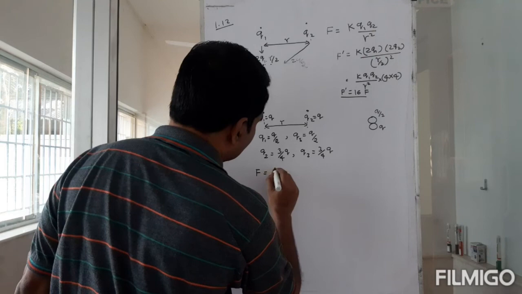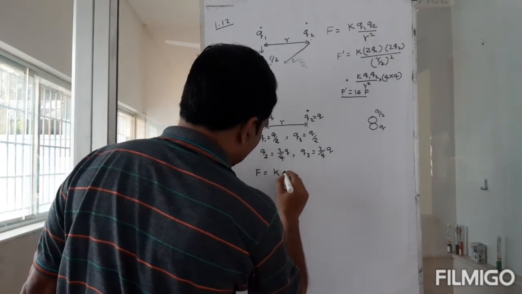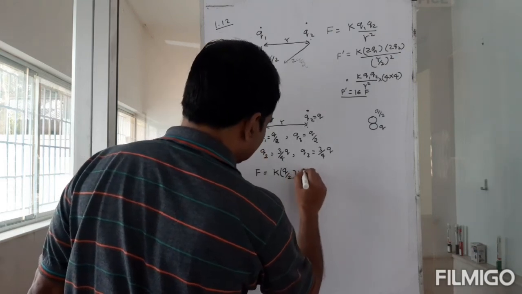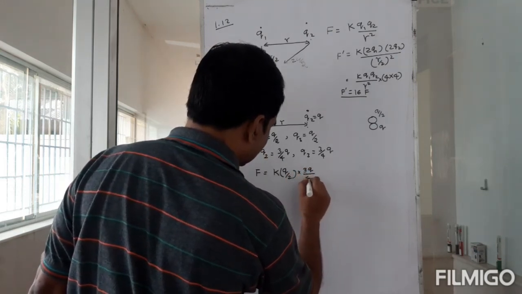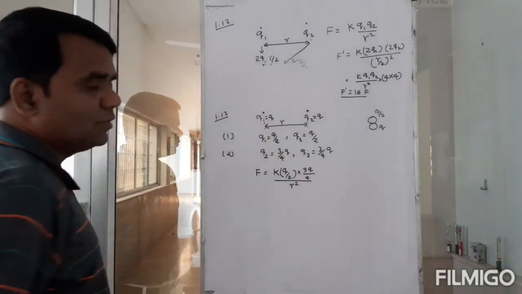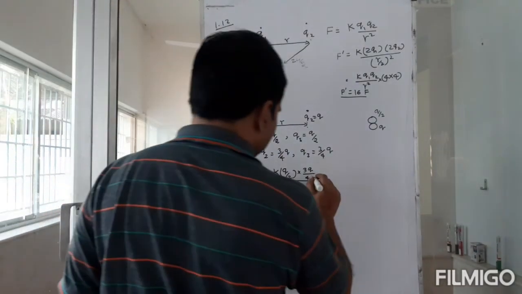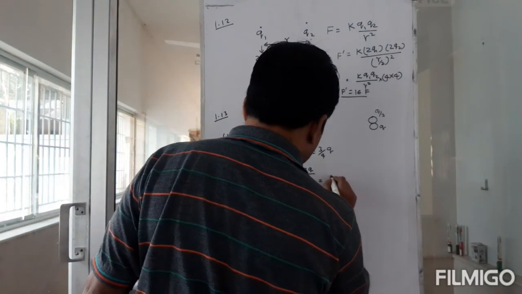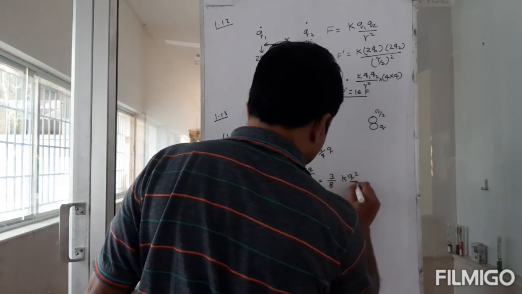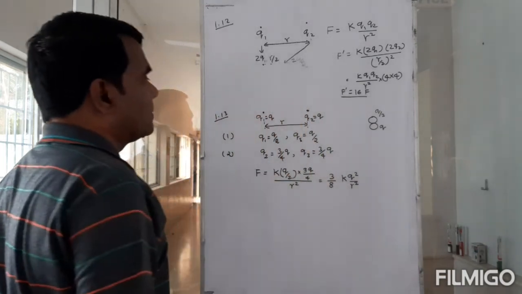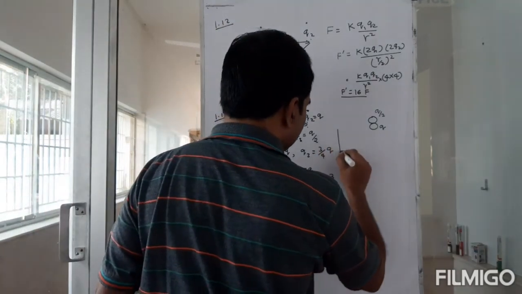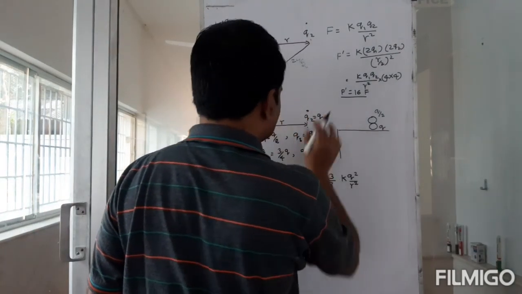F is equal to K into, instead of Q1, Q by 2, and instead of Q2, 3Q by 4, divided by the same R squared. They didn't do anything to the distance. So that gives you 3 by 8 K Q squared by R squared. Initially, before you did anything like this, what was the force?